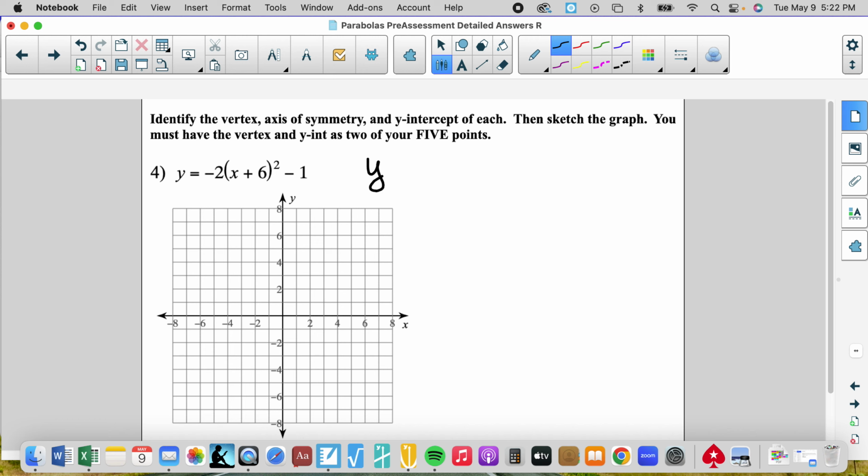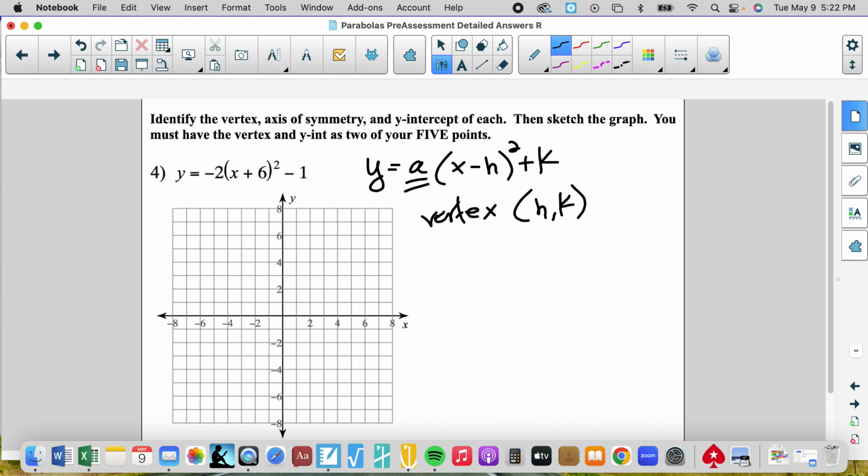The vertex form, the template, is y equals a times the quantity, x minus h quantity squared plus k. A still tells me whether it goes up or down, and my vertex is going to utilize the h and the k, alphabetical order.